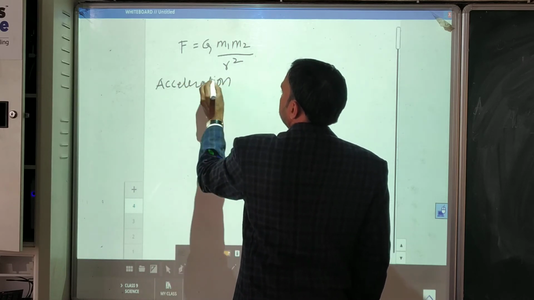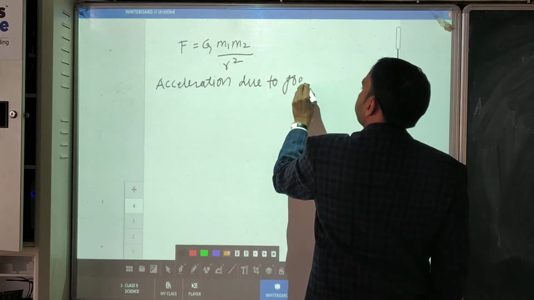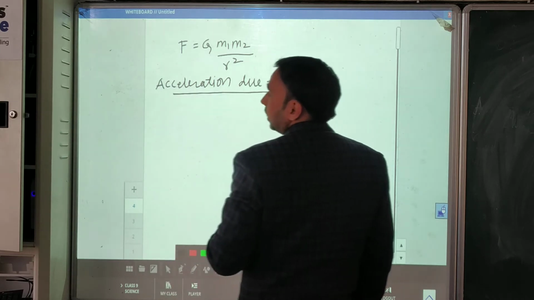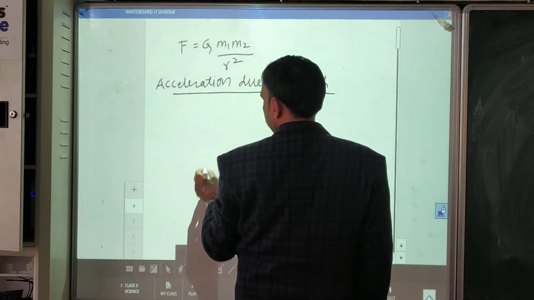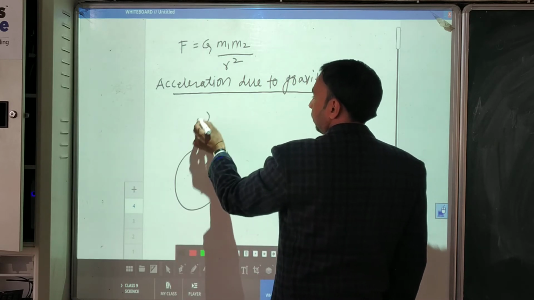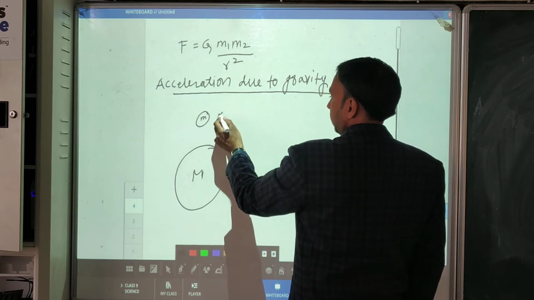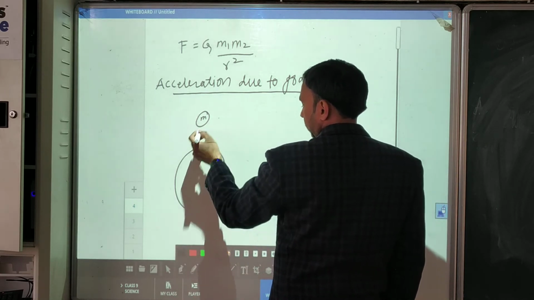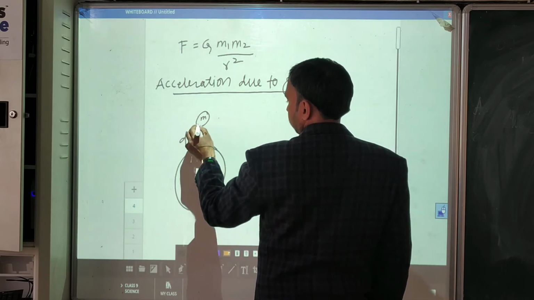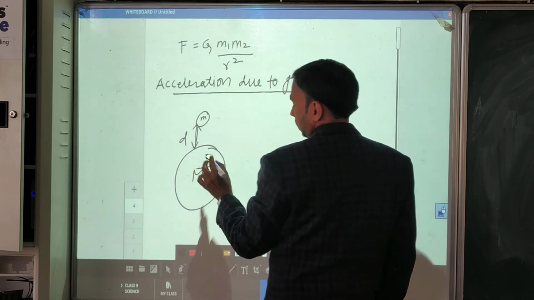Acceleration due to gravity, that we can easily calculate. Suppose there is a body, and suppose this is Earth, and a body of mass m is kept over here at a certain height. This height is d, and the radius of the Earth is r.